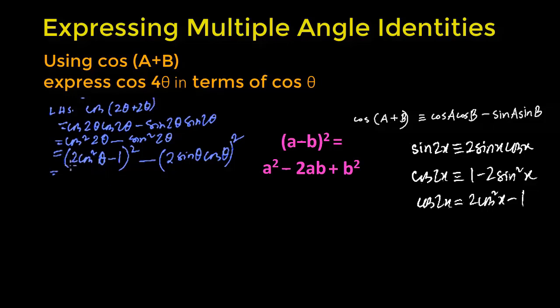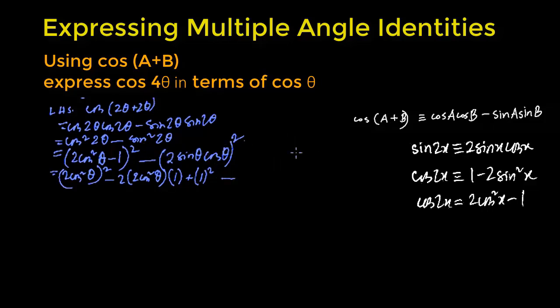For that case, a is 2 cos squared θ and b is 1, so we get (2 cos squared θ) squared minus 2ab plus 1 squared, minus this portion (2 sin cos) whole squared, which is 2 squared is 4, sin square is sin square, cos square is cos square.